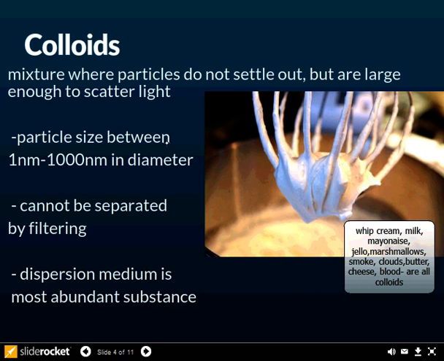Now, the second type of heterogeneous mixture is a colloid. Colloids have slightly smaller particles in them, 1 nanometer to 1,000. So they can stay suspended in the dispersion media, whatever substance is doing the dissolving.